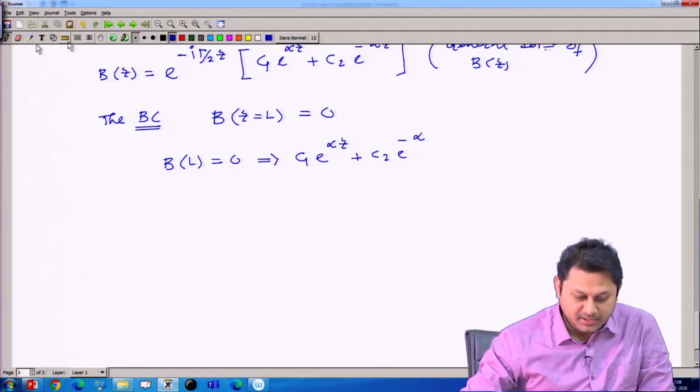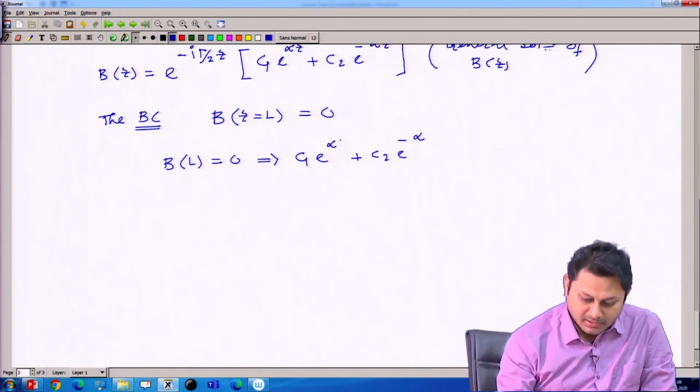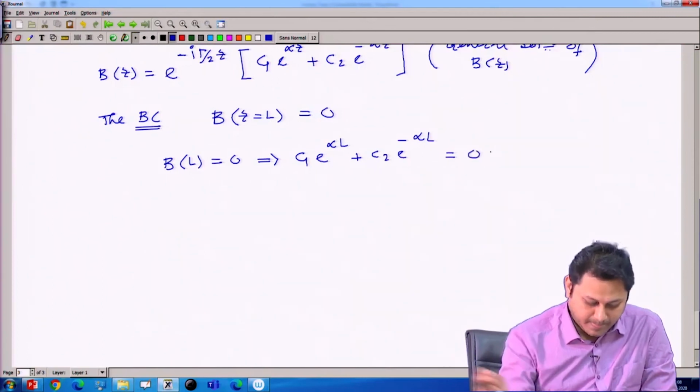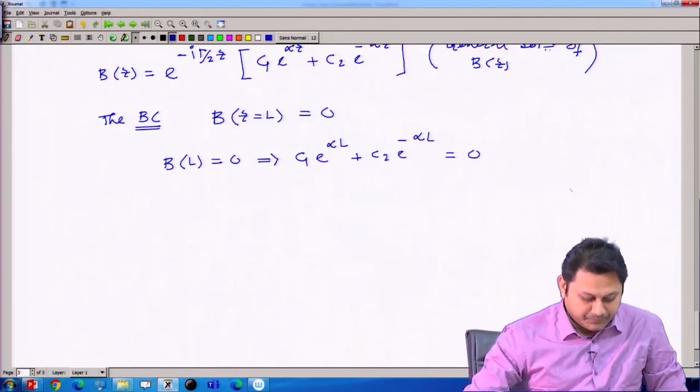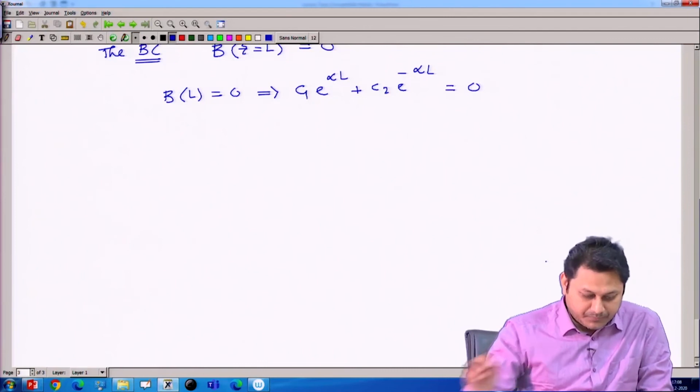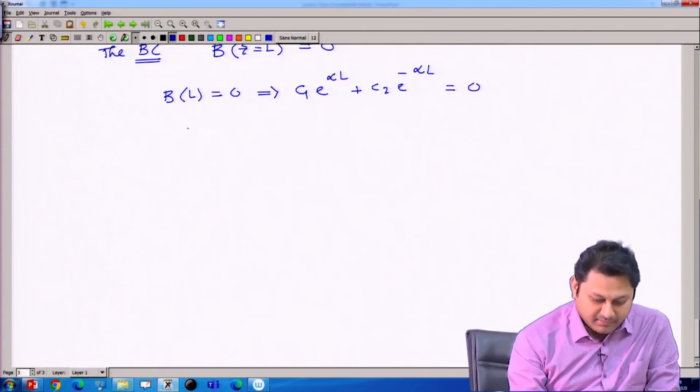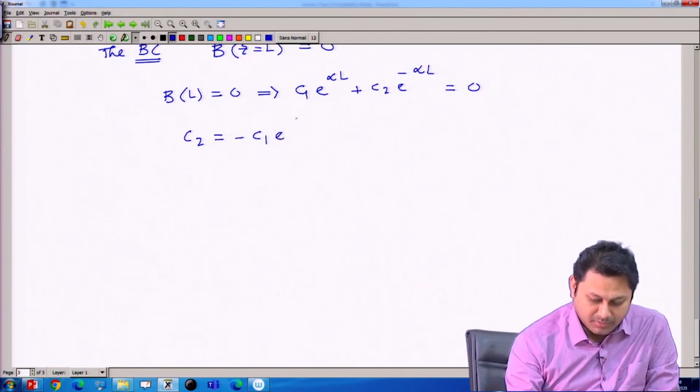When I put the boundary condition it should not be z, it should now be written as L. So quickly I can write C2 as minus C1 e to the power of alpha L divided by e to the power of minus alpha L.